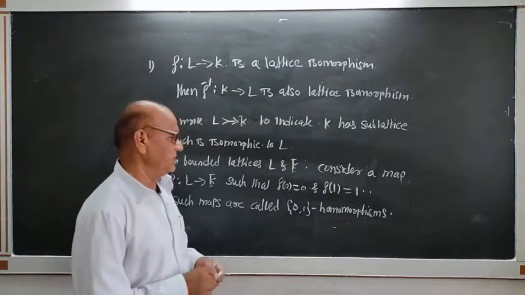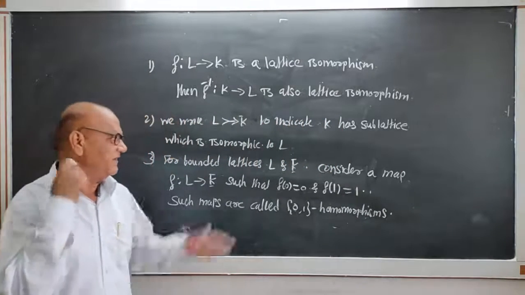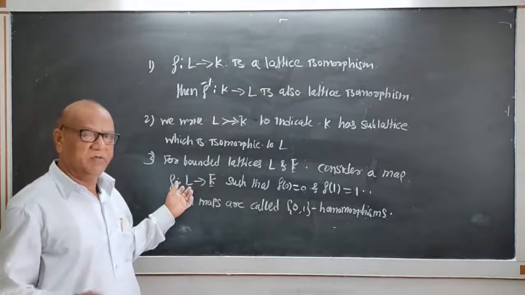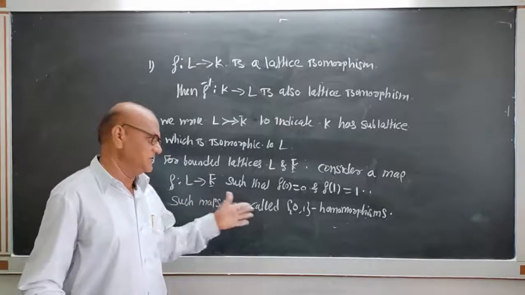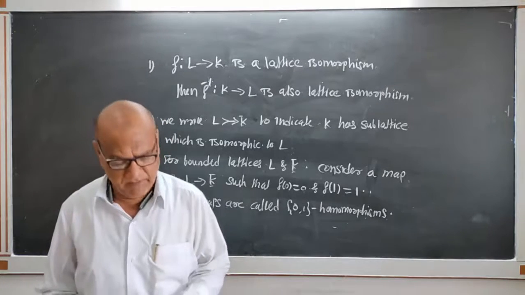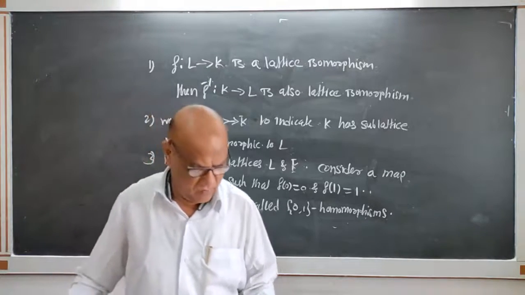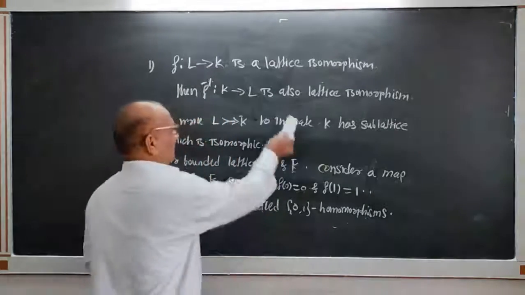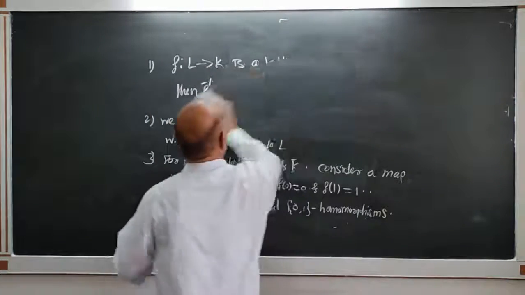That means the image of 0 is 0 and the image of 1 is 1 under this homomorphism.